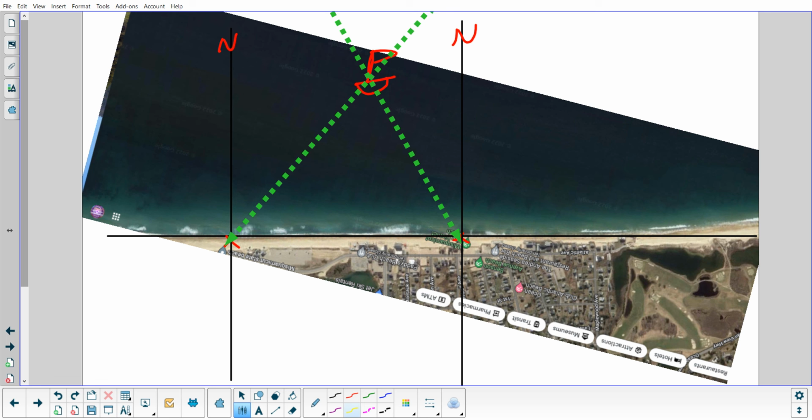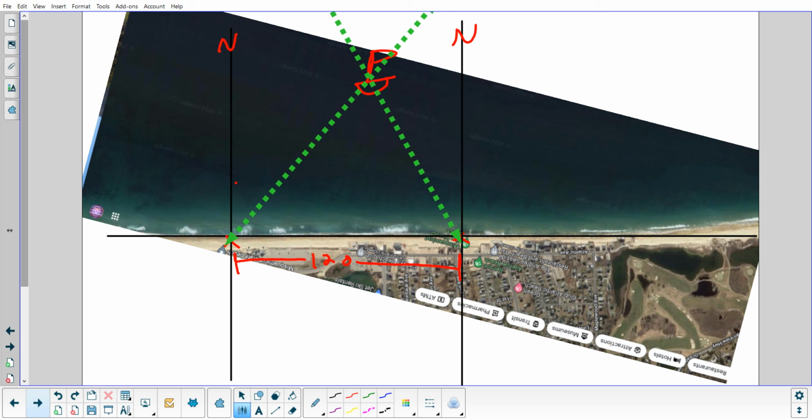Can somebody tell me what was the angle that the first Coast Guard station saw? I know they were 120 miles apart. What was the angle east of north for the first Coast Guard station?